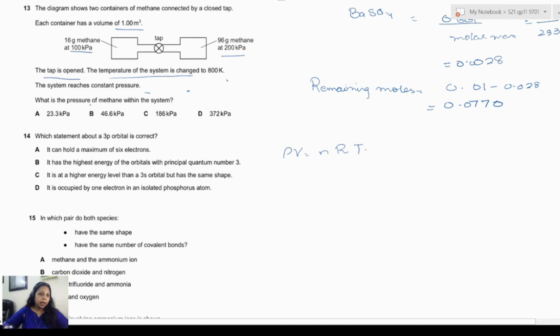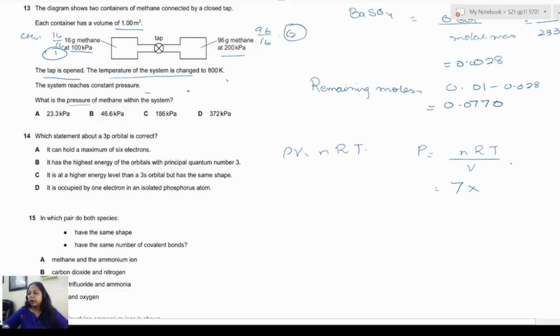So let's have a look at this. P is equal to nRT over V. So what is n? We have almost how many moles? So let's calculate the moles of this one. Methane is CH4, its molar mass is 16. So 16 divided by 16 is 1. And here we have 96 divided by 16 is 6. So how many total moles we have? We have 7 moles. So for n we are writing 7.